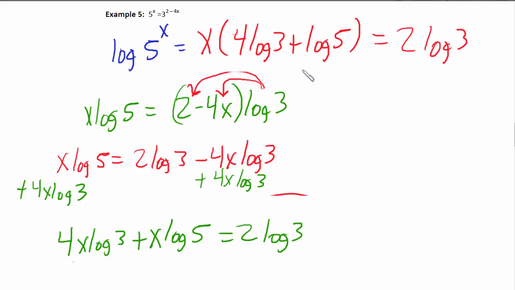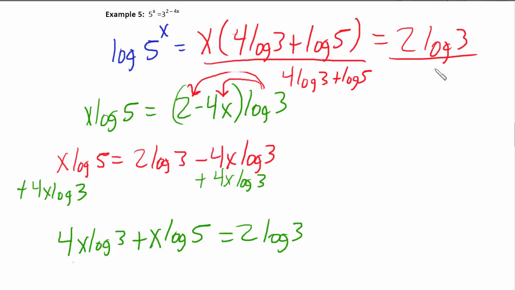And now that I have that, I can just divide by this whole chunk right here, 4 log 3 plus log 5. I do the same thing over here, 4 log 3 plus log 5. And I get x equals that whole thing right there.